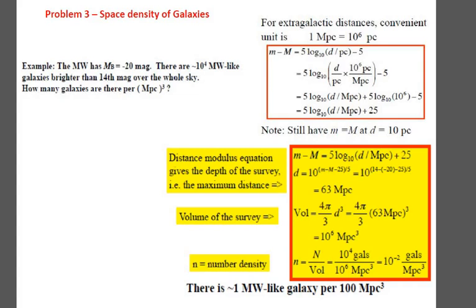Fine. So this has been found after a lot of observations, of course. And the question is, what is the space density of galaxies? How many galaxies are there per megaparsec cube? And what is megaparsec? Well, 1 megaparsec is 10 to the power 6 parsec. So the first thing we do is, using the distance modulus relation, which was written in terms of parsec, let me now rewrite the distance modulus relation in terms of megaparsec.